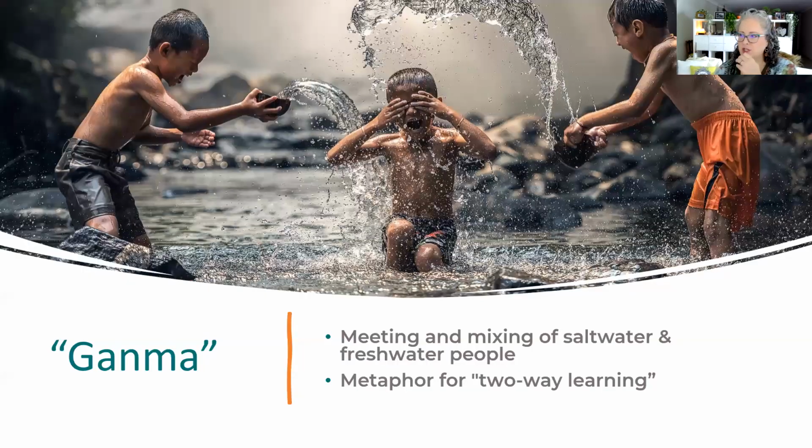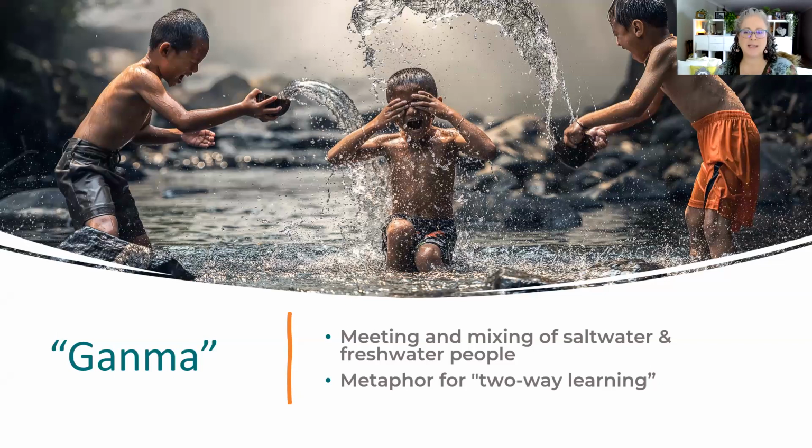The last thing I want to share with you is something I learned when I was studying Indigenous philosophy at Charles Darwin University. Ganma is a Yolngu word to describe the meeting and mixing of salt water from the sea and fresh water from the land. In Yolngu culture, groups of people can also be referred to as freshwater or saltwater people.